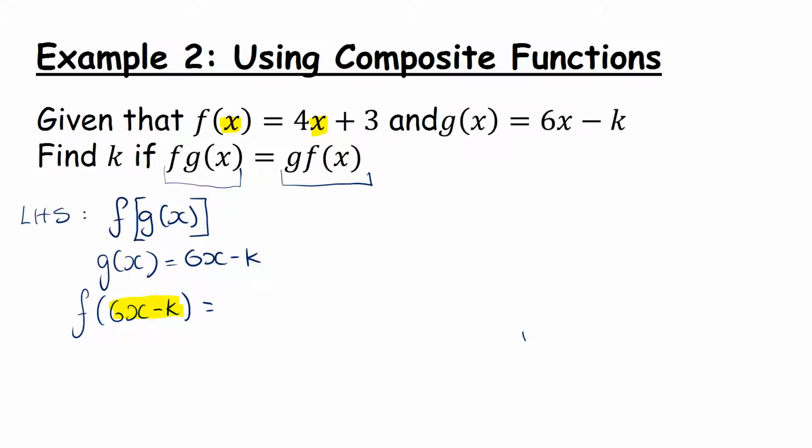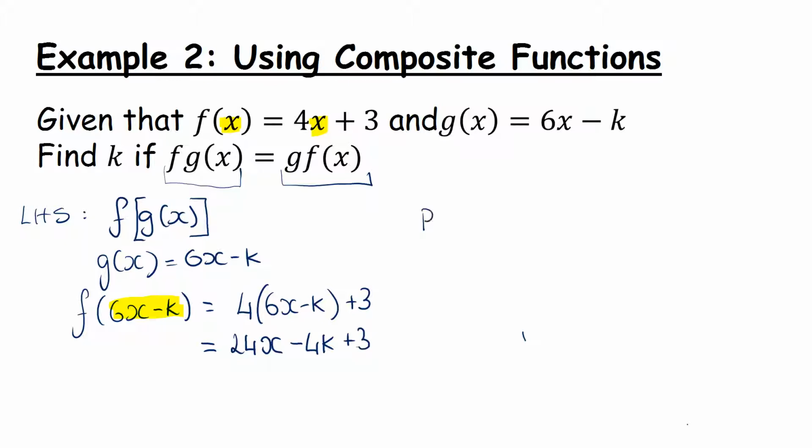So let's take a look what that looks like. So it's 4, and now instead of the x, we're going to substitute in 6x minus k, and then we're going to add 3. So let's multiply out our bracket. So 4 6s are 24, so 4 by 6x is 24x, minus 4k plus 3. Okay, so that's the left hand side.